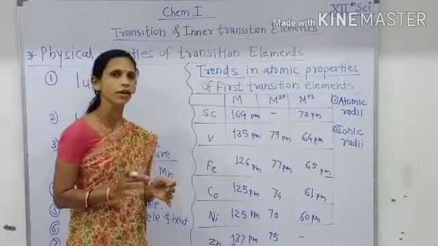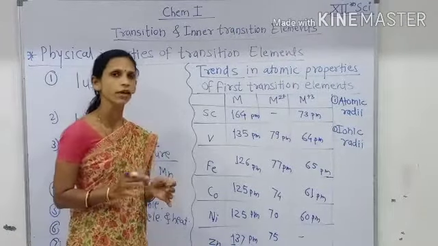One extra electron is added in the 3d orbital from scandium to zinc. Therefore, effective nuclear charge increases from left to right. As effective nuclear charge increases, the pull of the valence electrons towards the nucleus increases. Therefore, atomic radius or ionic radius decreases.